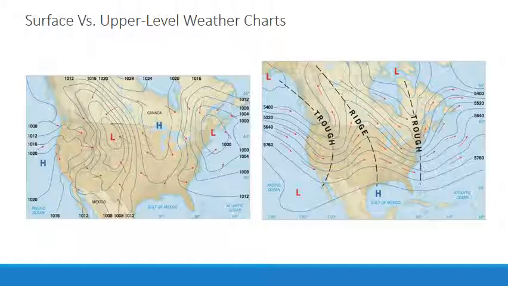Lower elevation contours indicate lower pressures. Notice that the contour lines in the upper atmosphere chart on the right mainly consist of large sweeping curves labeled ridges and troughs. Ridges are elongated high pressure areas that extend toward the poles and are associated with warm, dry air. Troughs, on the other hand, are elongated areas of low pressure that extend equatorward, and they're usually associated with cool, wet weather.